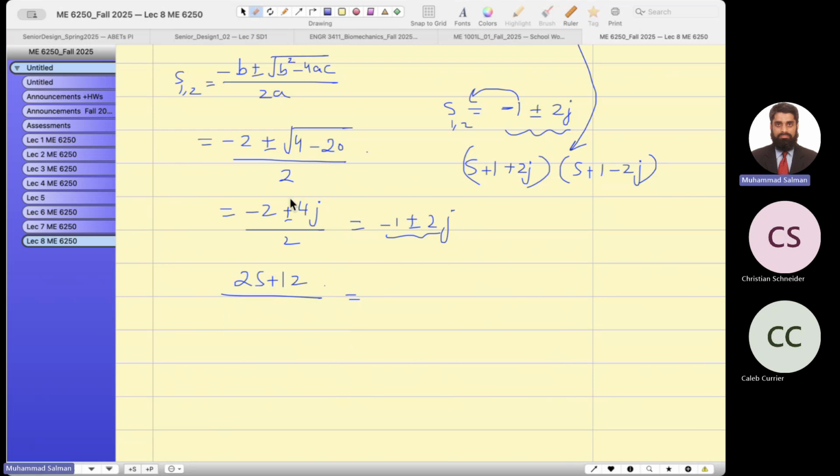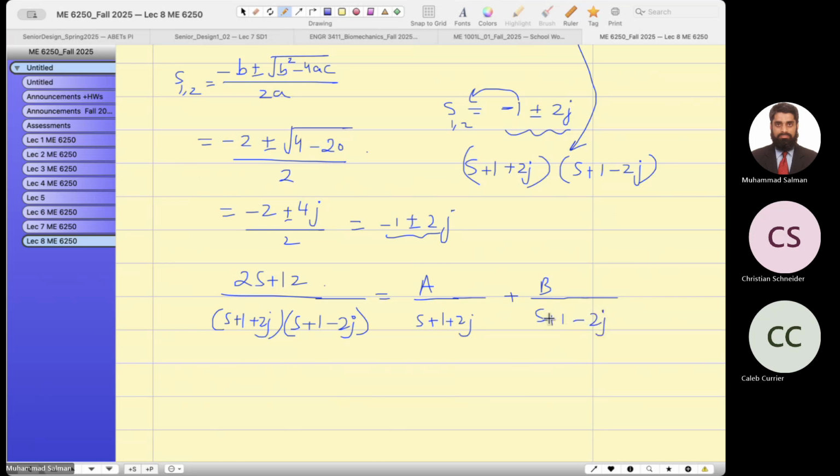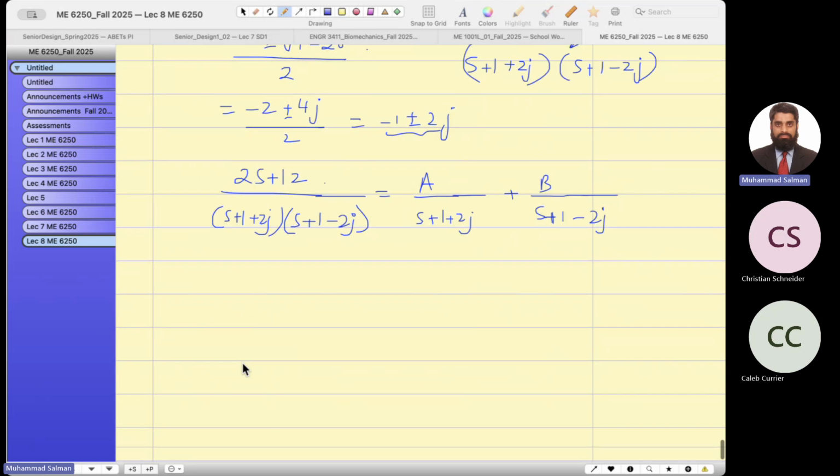I can rewrite this in terms of two factors, s plus 1 plus 2j, s plus 1 minus 2j. Now I'm going to multiply both sides by the denominator of the left hand side, so I can write down 2s plus 12.